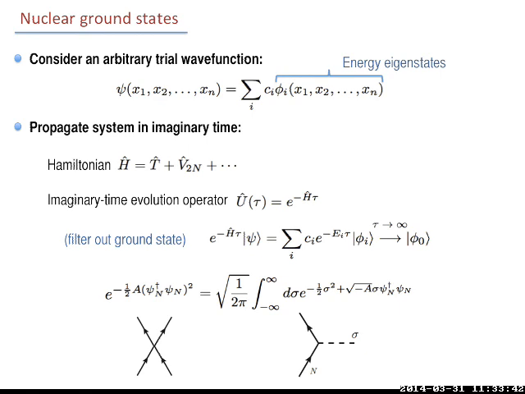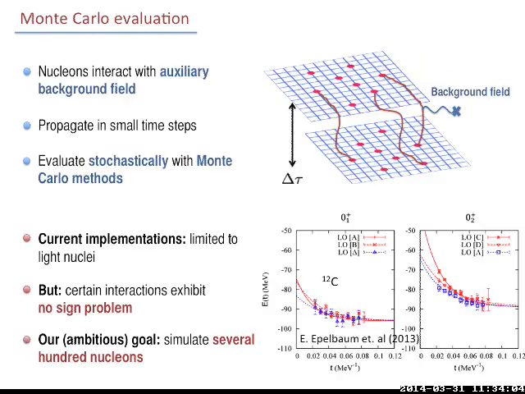We're going to use the auxiliary field technique to get rid of these 4 fermion interactions, and instead nucleons interact directly with this background stochastic field, and therefore indirectly with each other. This results in some complicated multidimensional integration, which you can then evaluate using Monte Carlo methods.